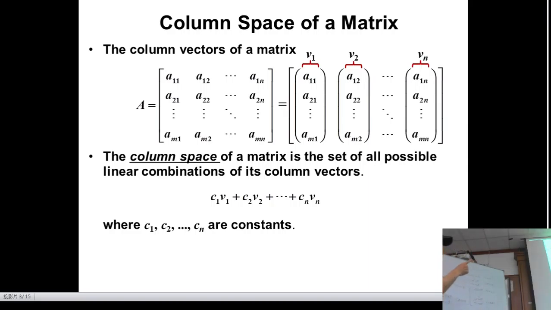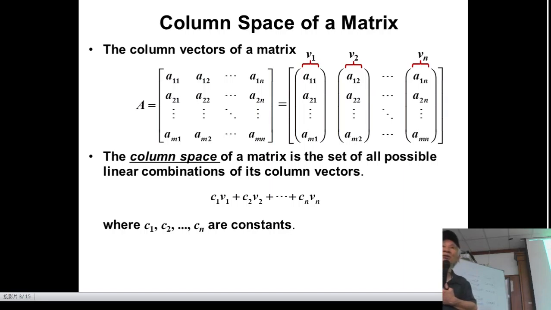For example, in our real life we have only 3-dimensional space. So each column vector will have only 3 elements, right? That's like our coordinates. The x coordinate is 1, 0, 0. Assume that's our column. The second column, the y-axis, will be 0, 1, 0, right? The third one will be 0, 0, 1.